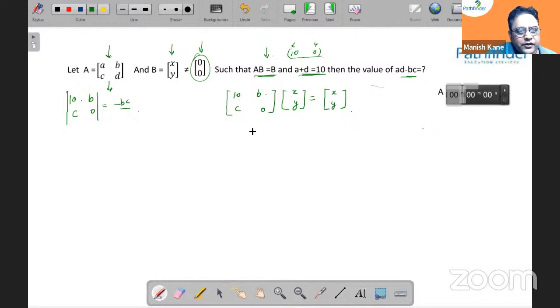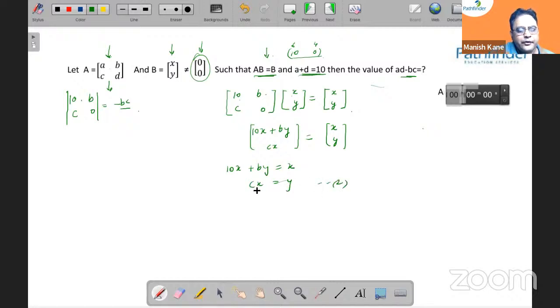Now, if I multiply this, what do I get? 10x plus by, and here I'll get cx plus 0y is equal to x comma y. So I'll get two equations, 10x plus by is equal to x and cx is equal to y.